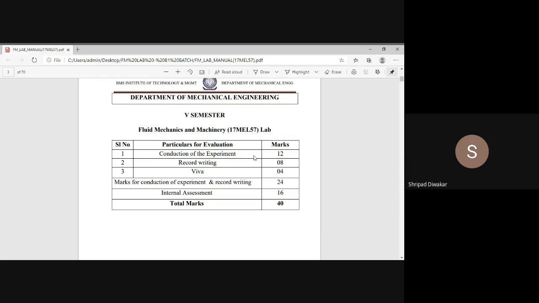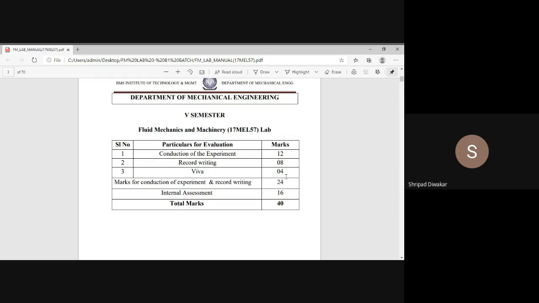Whatever experiment you are conducting each week carries 12 marks, and writing the same experiment with results carries 8 marks, and Viva carries 4 marks. Totally 24 marks for each experiment.